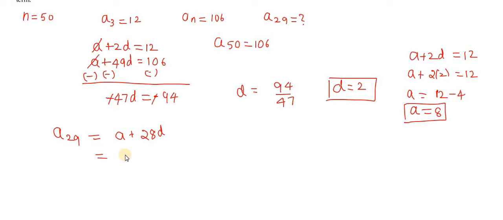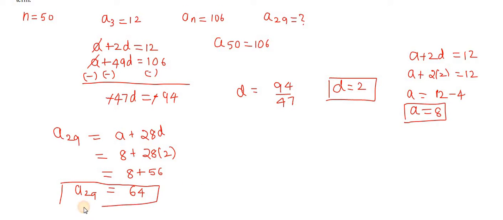So A is 8 plus 28 into D value 2, which is equal to 8 plus 56, so 64. So A29 is equal to 64. Okay, so this is the A29 term. I hope all of you understood. Yes, we'll move to the next problem.